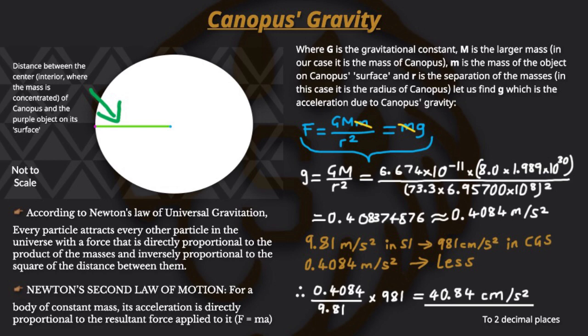Like I said, the gravity on Earth is greater than the gravity on Canopus, according to our calculation, so it's obviously going to be less. So in CGS, it's going to be 40.84 centimeters per second squared. That's the acceleration in terms of the centimeter, gram, and second system of units for Canopus.